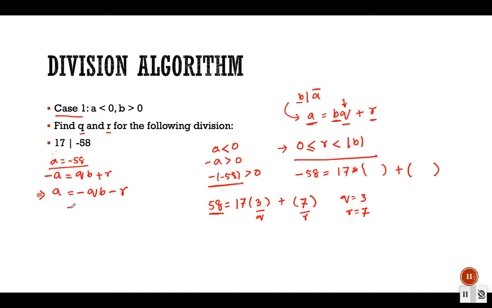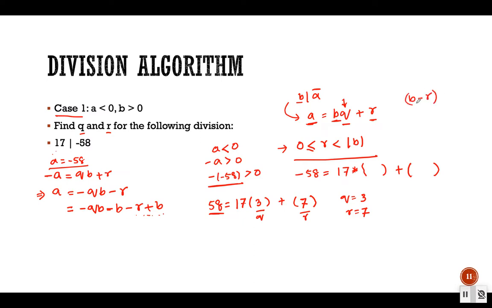So what we are going to do here is write minus qb minus r plus b, and minus b here. What happens is that we are doing minus b here and plus b here, and they cancel each other out. This portion of the number we are going to represent as the remainder, and that will give us the value b minus r.